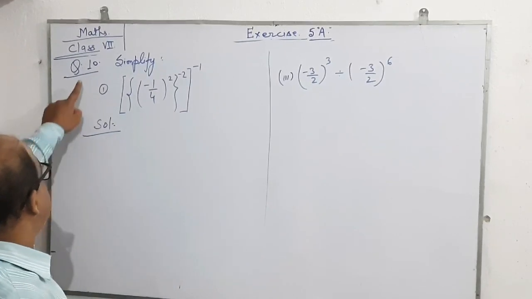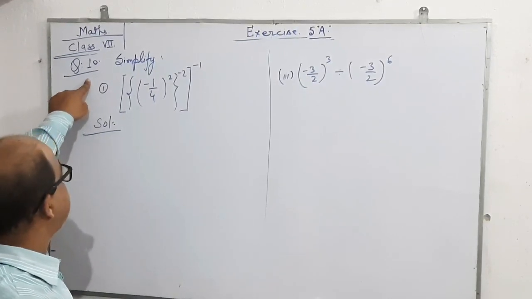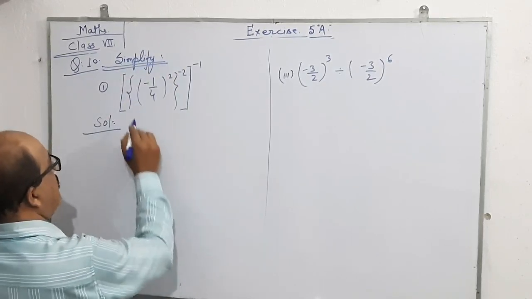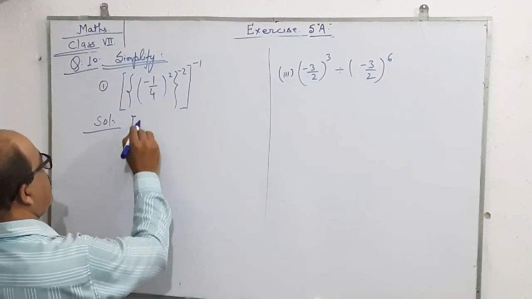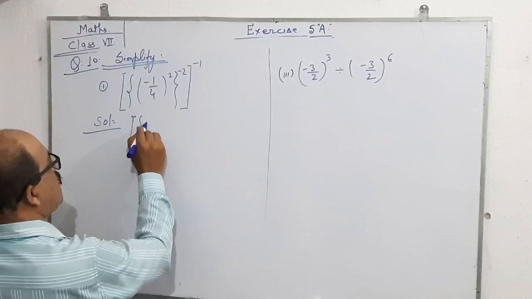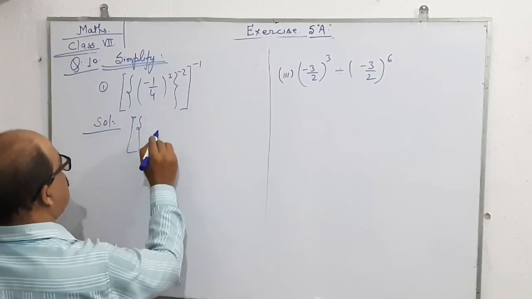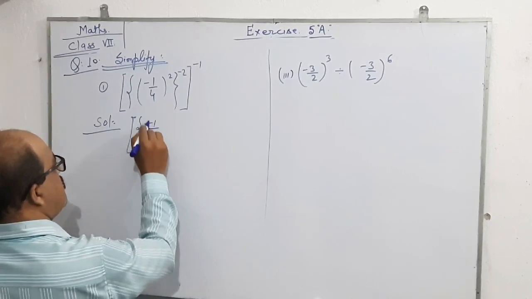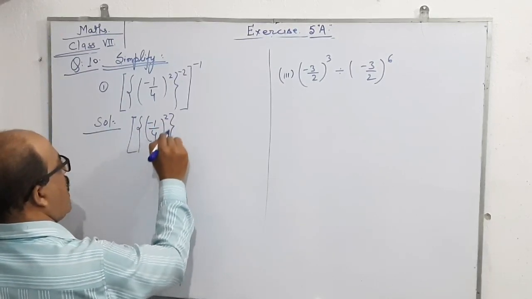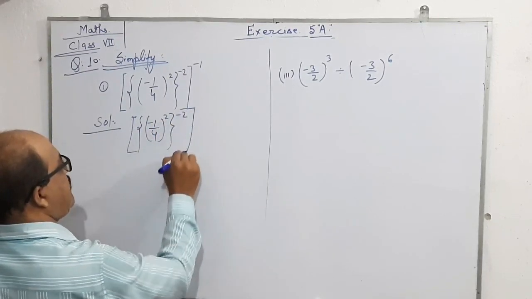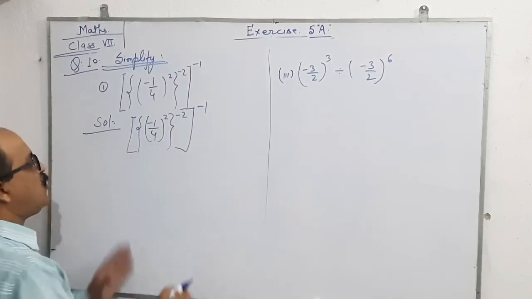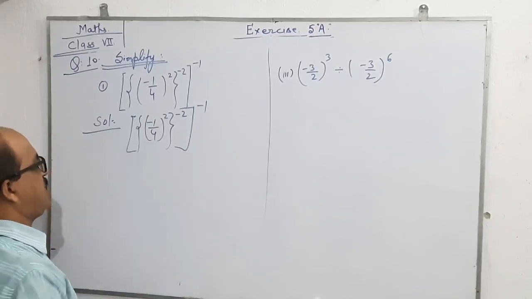And the next question, question number 10, simplify. Here we have minus 1 by 4 to the power 2, and then to the power minus 2, then power minus 1. This one is the question. So you may do it in two ways.